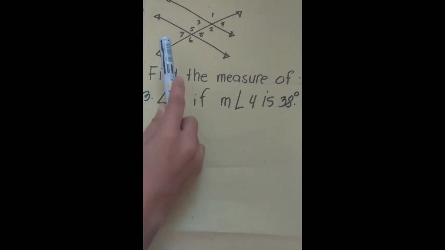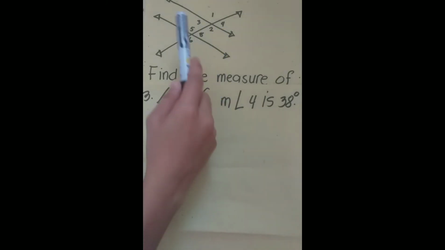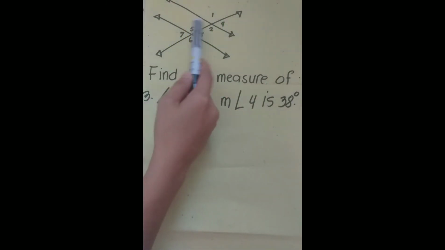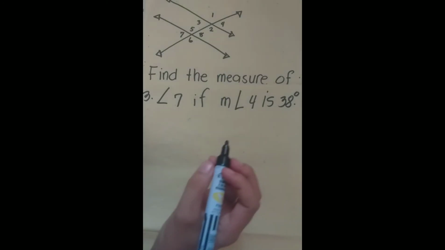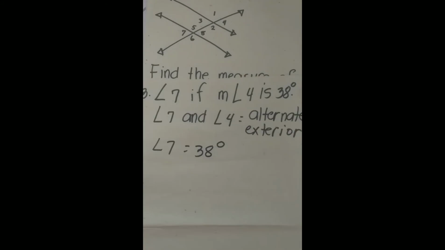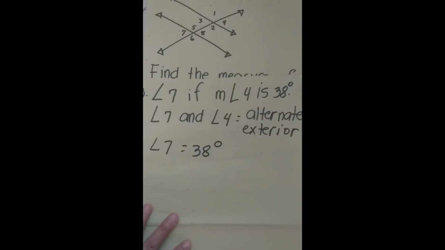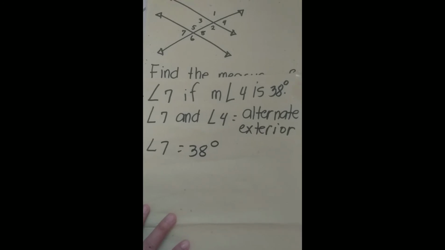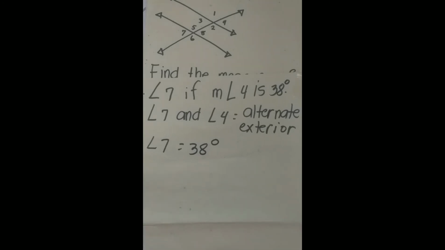So, angle 7 is also 38 degrees because the measure of angle 4 is 38 degrees and they are alternate exterior angles, so they have congruent measures. So again, angle 7 and angle 4 are alternate exterior angles. So therefore, angle 7 is also 38 degrees. Okay, next.